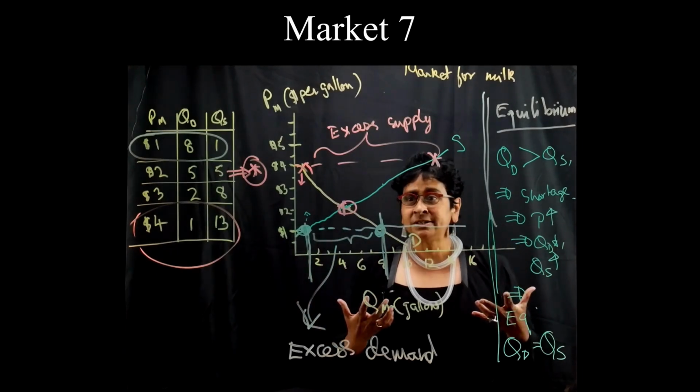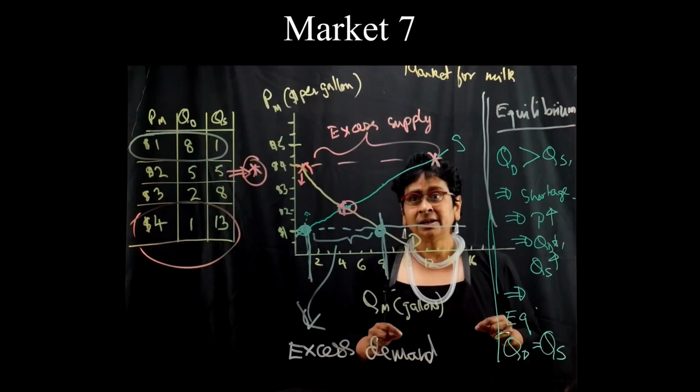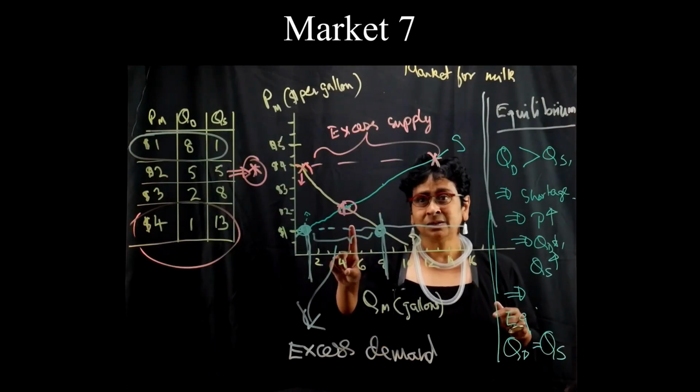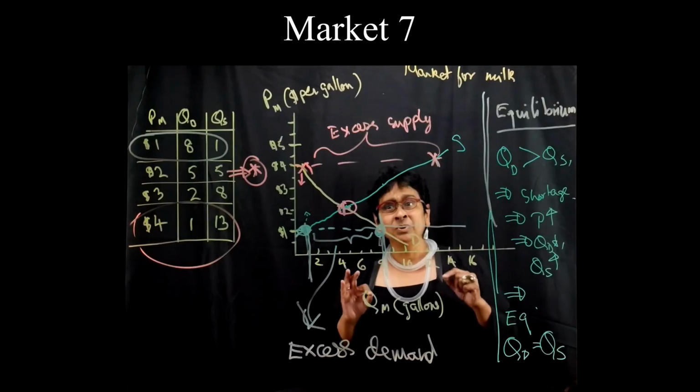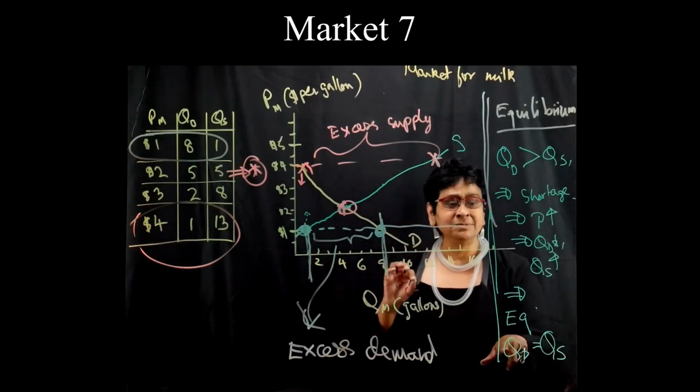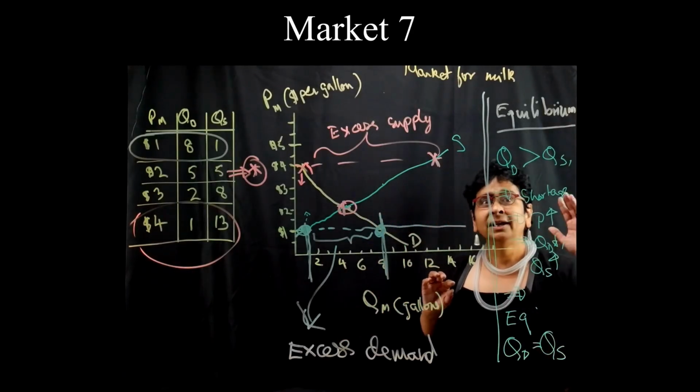In these situations, through price competition for an individual market, what we say is that equilibrium will take place when quantity demanded is equal to quantity supplied, ceteris paribus.